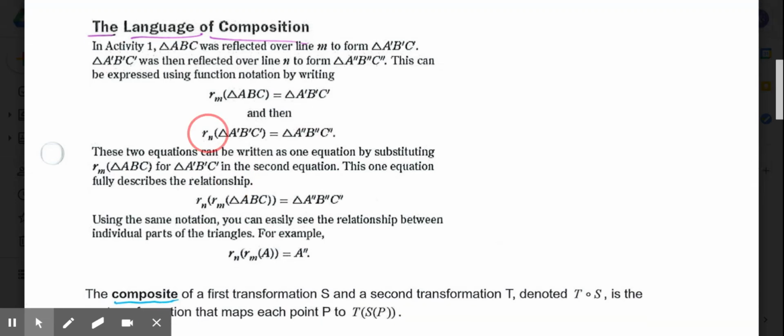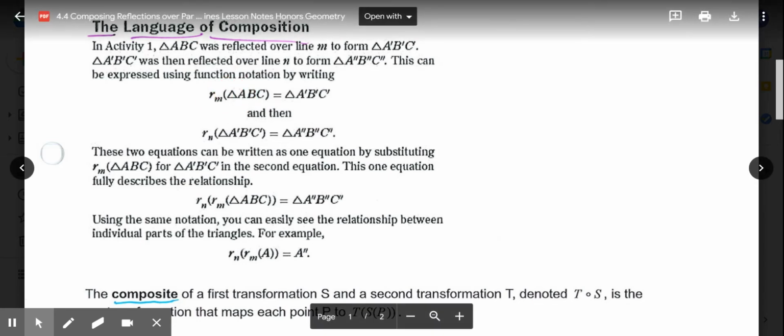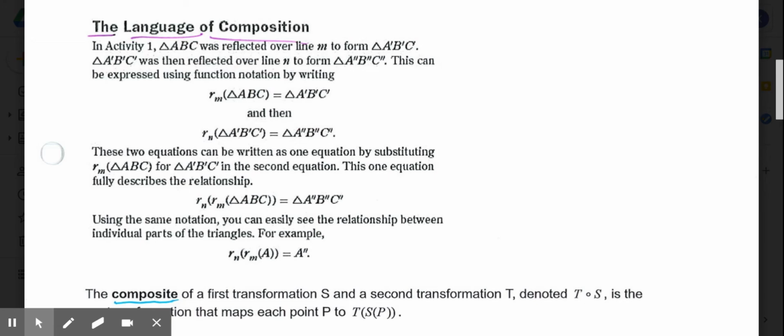So we would still keep the reflecting over N on the exterior, but we're replacing this part in parentheses with the left-hand side of the first equation. So what this would become is the R subscript N, and then in parentheses, R subscript M, more parentheses, triangle ABC, end parenthesis, and our final result being A double prime, B double prime, C double prime.